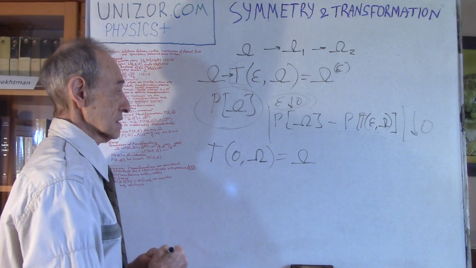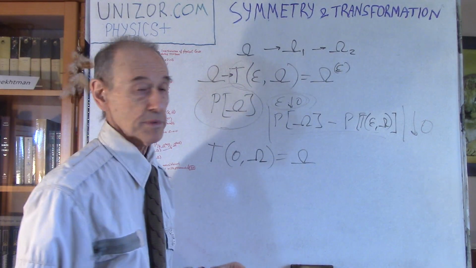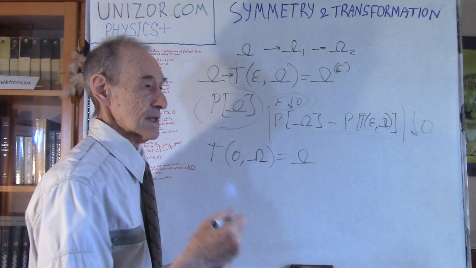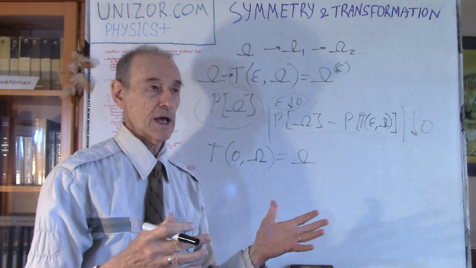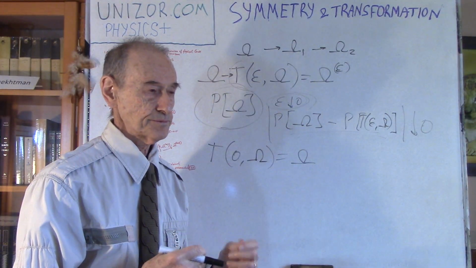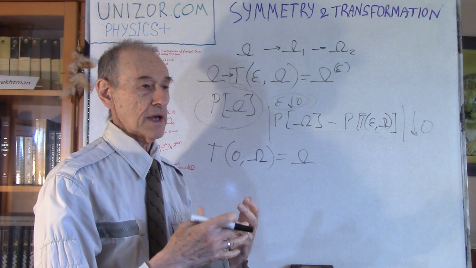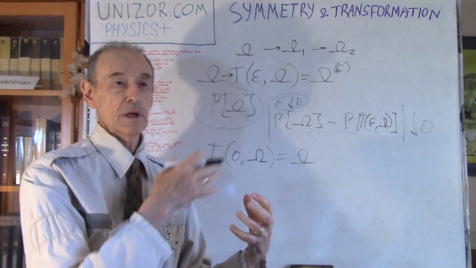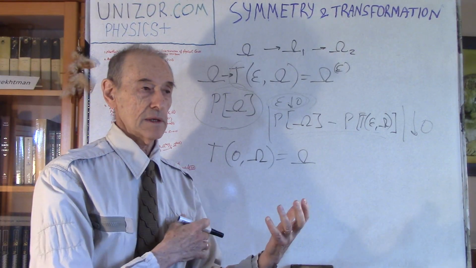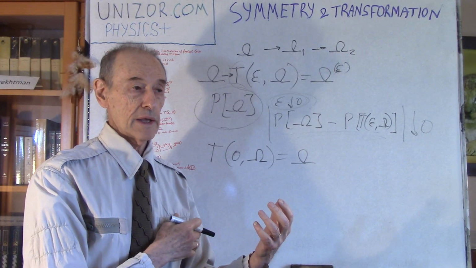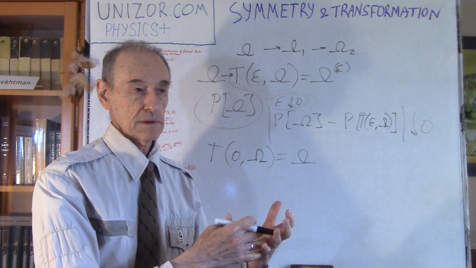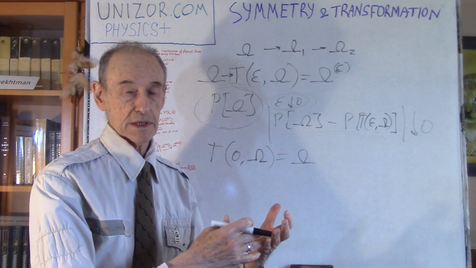Another property is if you have a composition. Again, let's talk about time. Here is the system. Now, what if we have this system, let's say a couple of seconds ago, and then let's move it forward a couple of seconds.